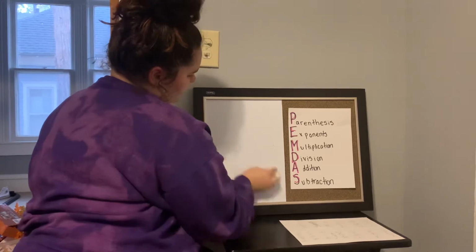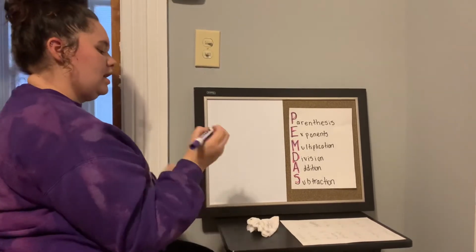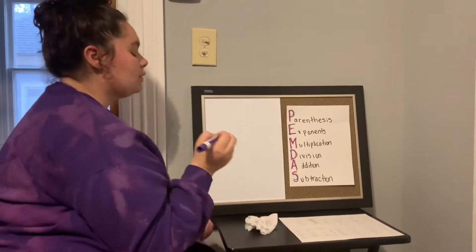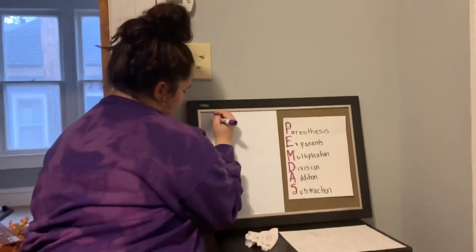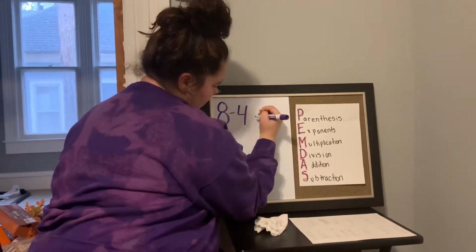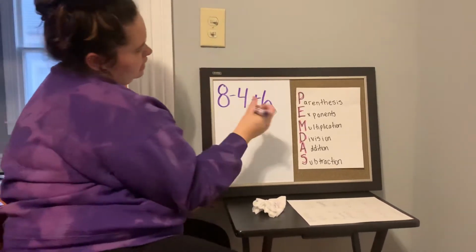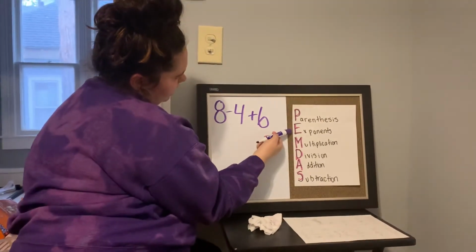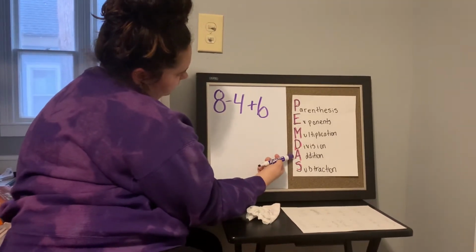Okay, so now we're going to do a couple of the examples from the worksheet. We'll work through the first 3, and then you guys can do those on your own. So the first one we have is 8 minus 4 plus 6. Okay, so we have no parentheses, no exponents, no multiplication, no division, but we do have addition.